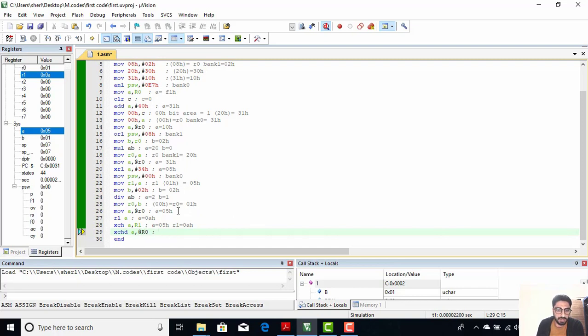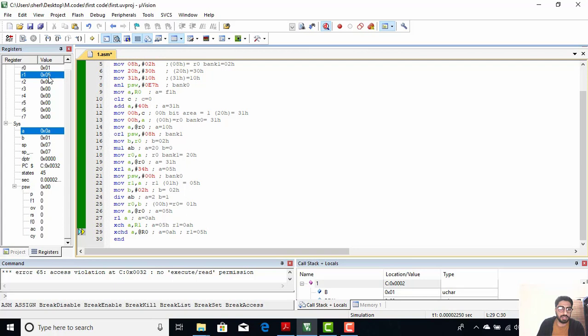It means we are in register 1. So register 1 is 0A hex. We'll change just the low parts of those two registers. So A is going to be 0, the same, and A hex, and R1 is going to be 05 hex. Let's see here.